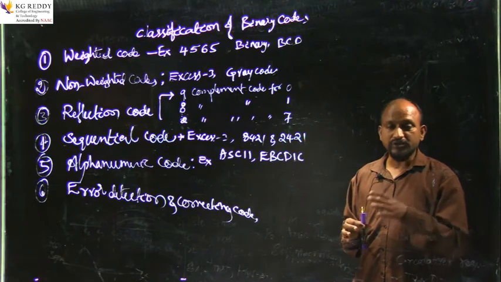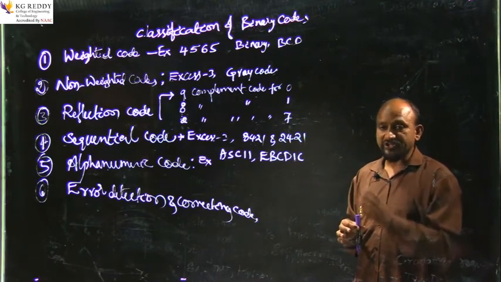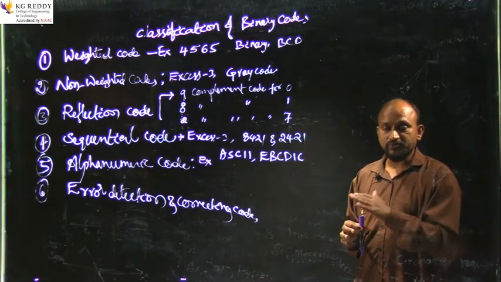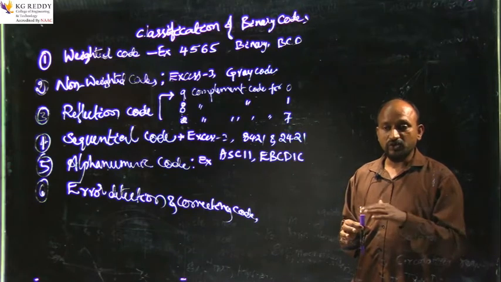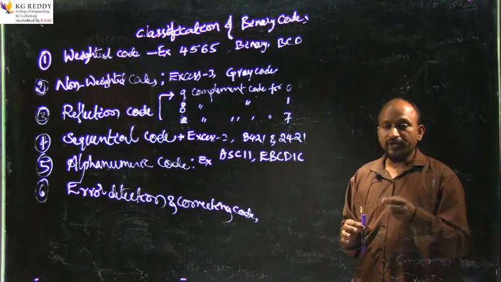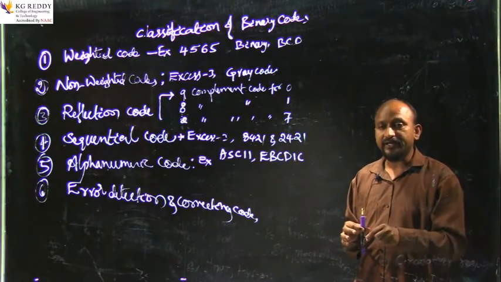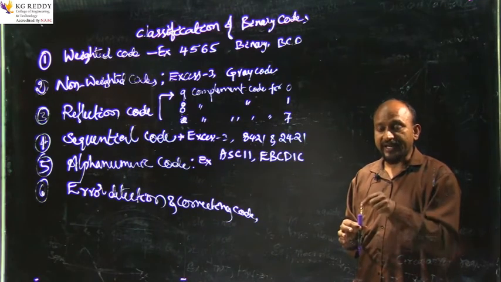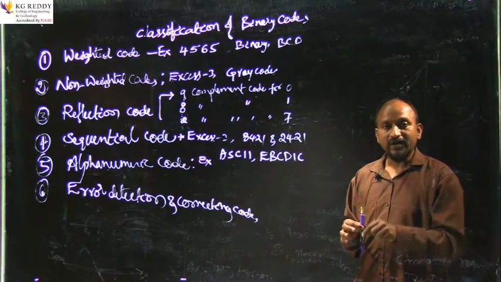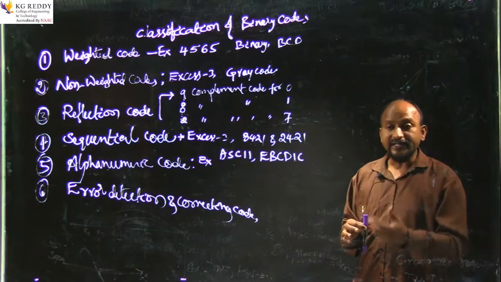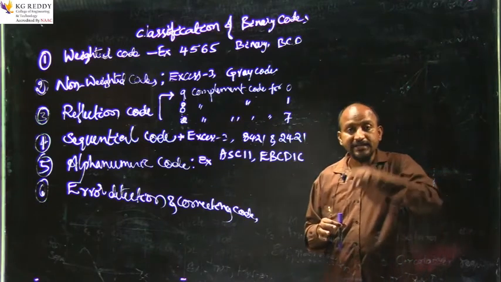Before transmitting the digital information from source to destination, we need to add one extra bit to the information. This extra bit helps in correcting the data or detecting the error.